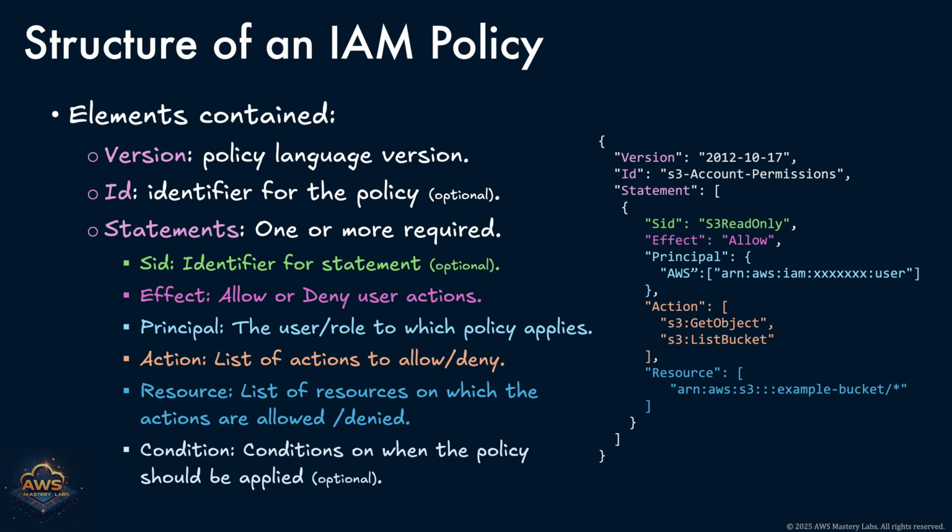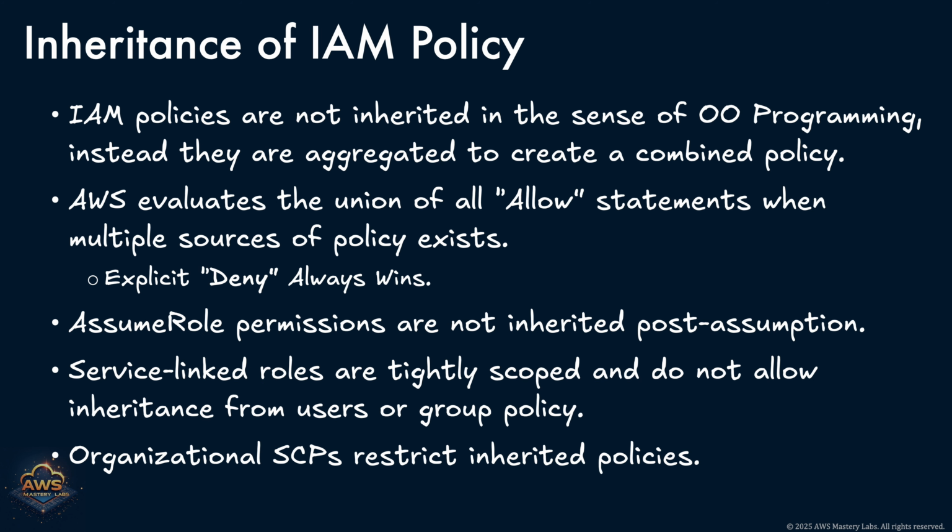When we talk about inheritance in the context of IAM, it's important to clarify that IAM policies do not follow inheritance in the traditional object-oriented programming (OOP) sense. There are no parent-child relationships where permissions cascade down automatically. Instead, IAM policies are aggregated, meaning that all policies attached to a user, group, or role are combined during policy evaluation.